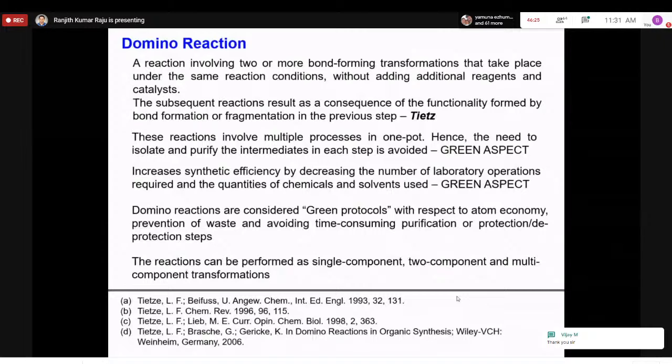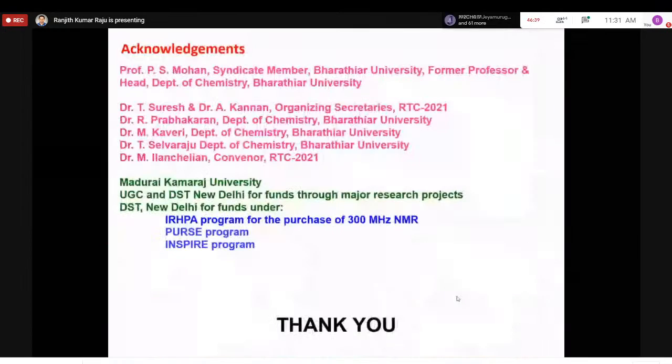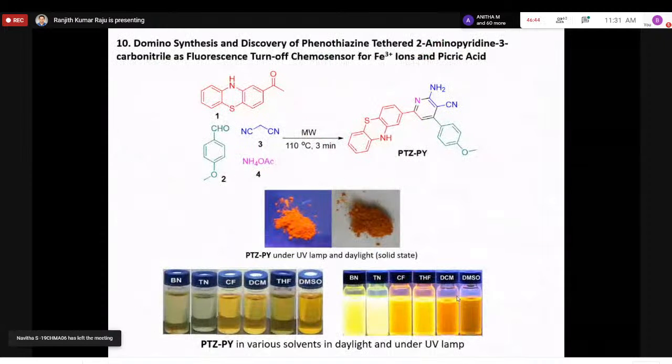Sir, this is Murugesh Pandey. Thank you, sir, for the nice presentation. The phenothiazine derivative acts as an iron turn-off sensor. Yes, exactly. Sir, the coordination site is the pyridine and the amino group? Yes, the amino and the pyridine.